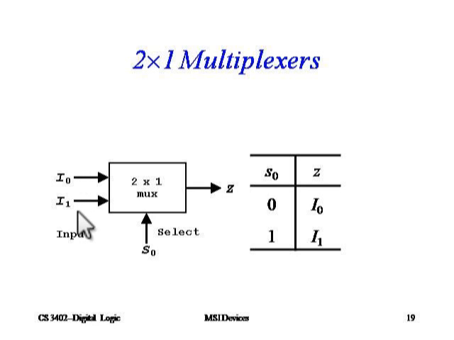So we have I0 and I1, 2 inputs, one selection line S0 and one output Z. Now the functioning of the multiplexer is such that whenever S0 is 0, that is it is active low, then we get output Z as I0, that is, path is provided to I0 to redirect it to Z. Similarly, when S0 is 1, we get Z equal to I1.